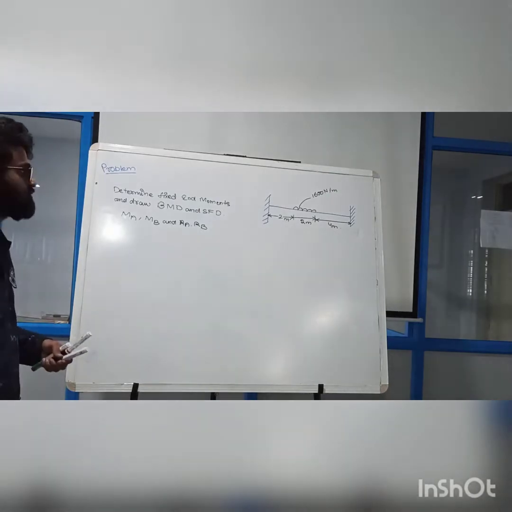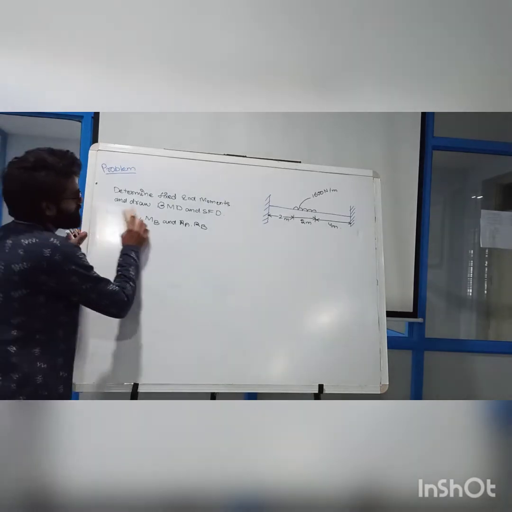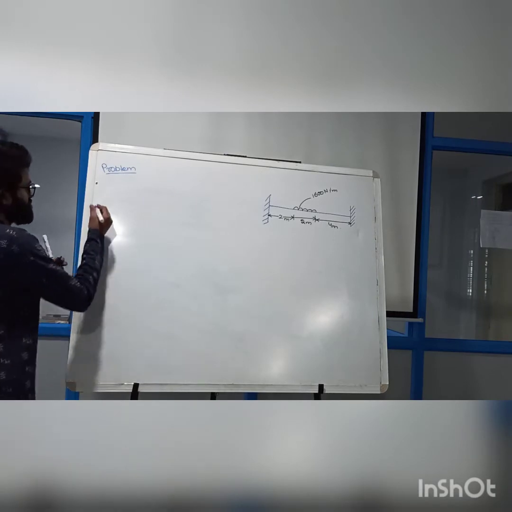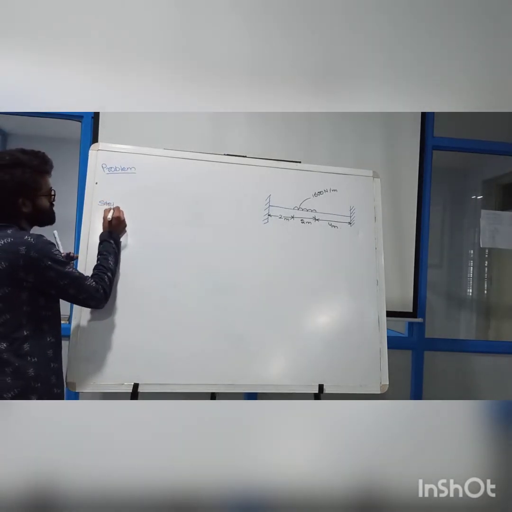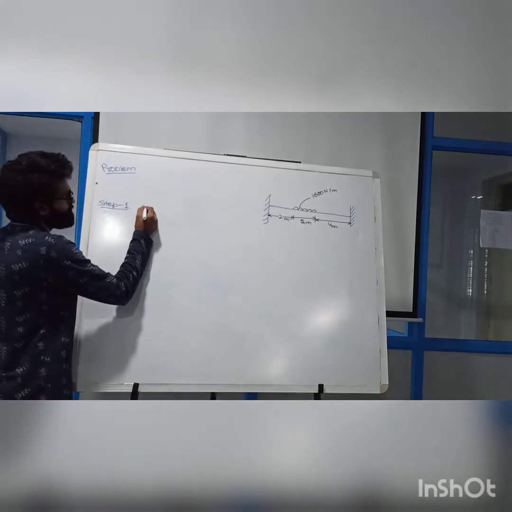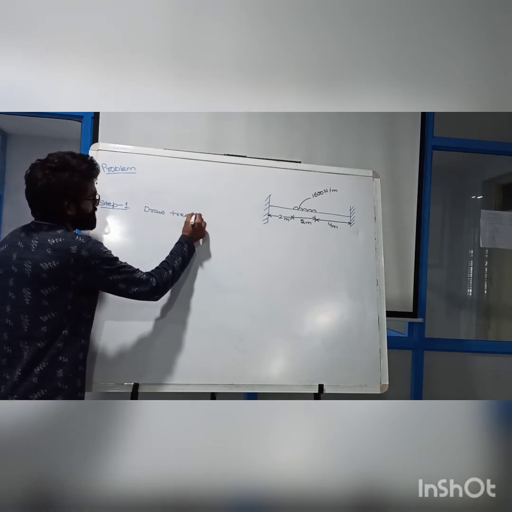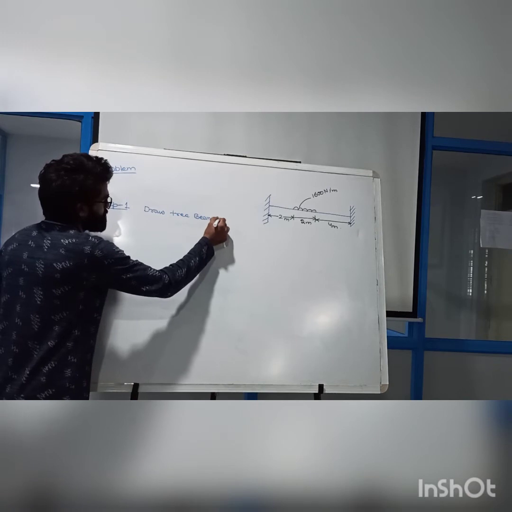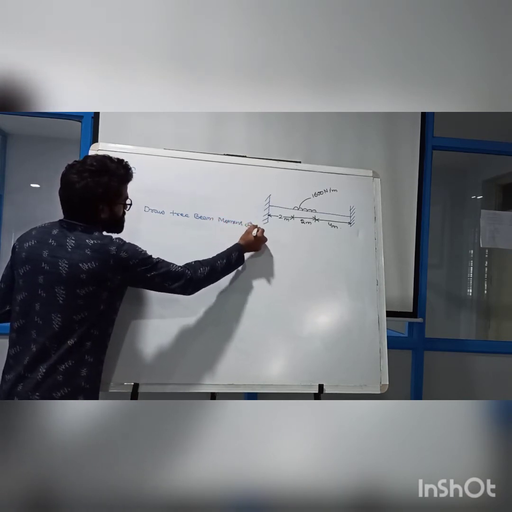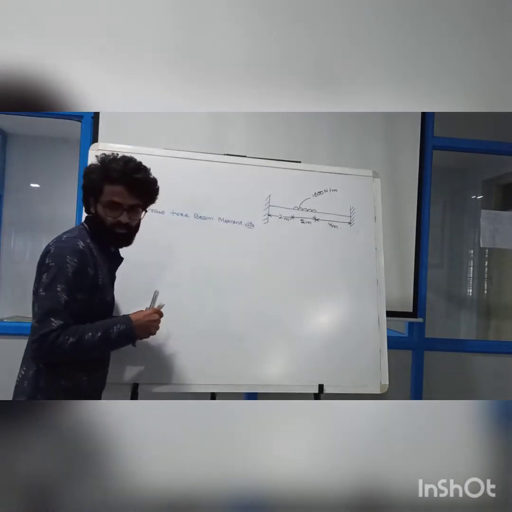So let us solve how we can solve this diagram. All of you already know the procedure, so let us solve it by the procedure. My first step: what is happening in the first step? Draw the moment diagram for the free beam. So you all know what the moment diagram is going to be for a free beam.